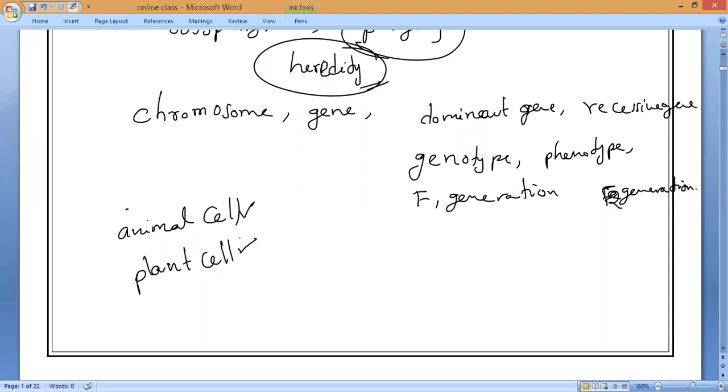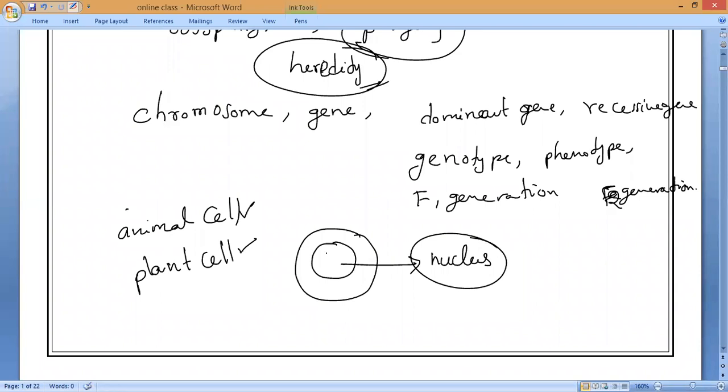Inside the animal cell or plant cell, every cell has a center called the nucleus. This nucleus is filled with thread-like structures. Those thread-like structures are called chromosomes. Yes or no?